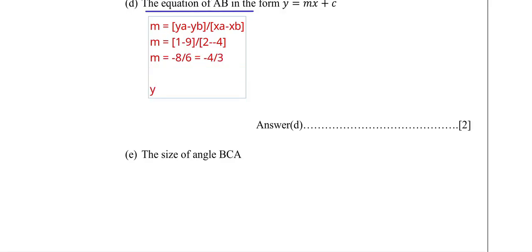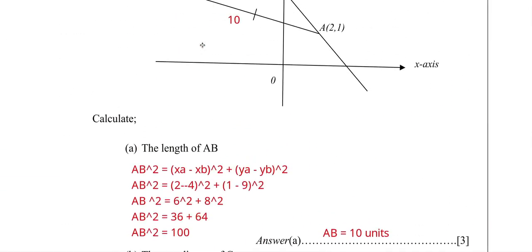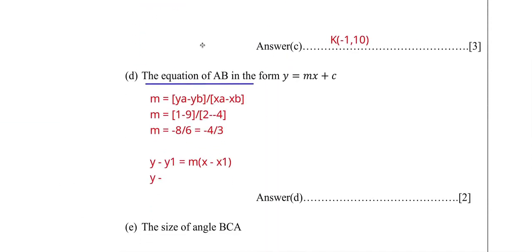Now let's substitute into y minus y1 equals m times (x minus x1). Let's choose the coordinate A, so y minus 1 is equal to -4 over 3 times (x minus 2).